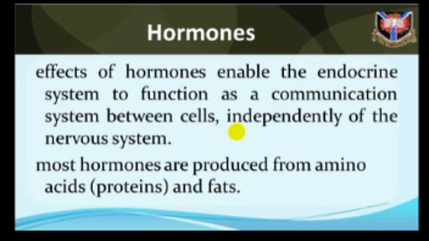Keeping the internal environment of the body in a stable condition is maintained partly by the endocrine system and partly by the nervous system, while the autonomic nervous system is responsible for rapid changes. The hormones of the endocrine system are involved in slower and more precise adjustments.